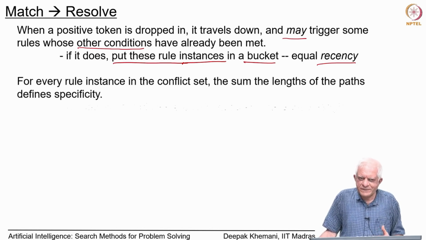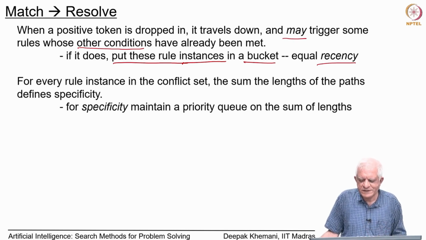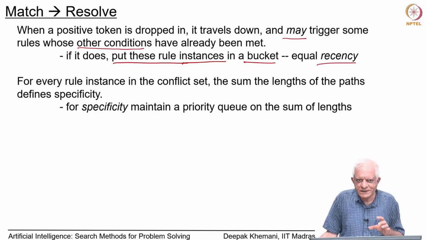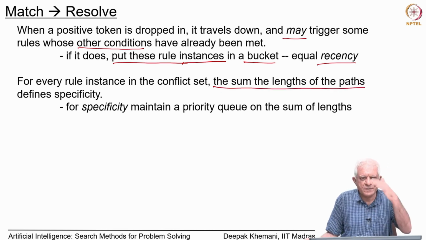If you want to talk about specificity, which is the other major conflict resolution strategy that we had seen, we had said that specificity is defined by the number of tests that a rule does before it matches. The number of tests can be approximated by the sum of the lengths of the paths.